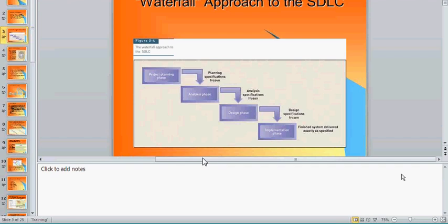Okay. So, Shadab, did you want to give me a proper, correct answer for the design phase? The design phase in SDLC is the third phase.